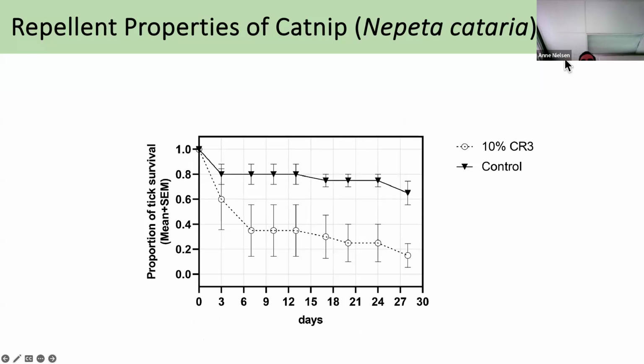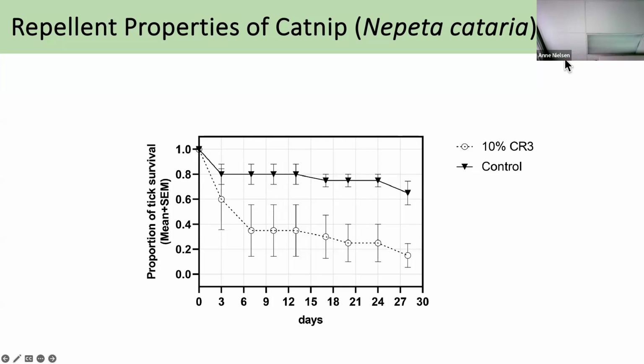And to finish this part with catnip, I wanted to put this figure here because one thing that we observed when we were working with nepetalactone with the ticks is that ticks exposed to CR3 tended to die quite rapidly when we put them back in the incubator. I mean, we were testing this as a repellent, not as an acaricide, but since we started observing that, we just decided to conduct a study and look at what happened if we expose them.